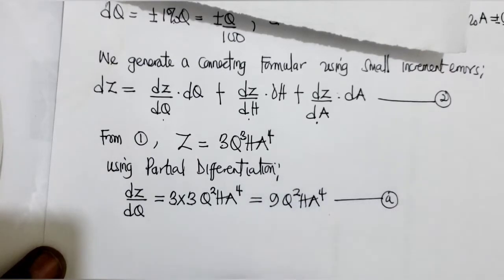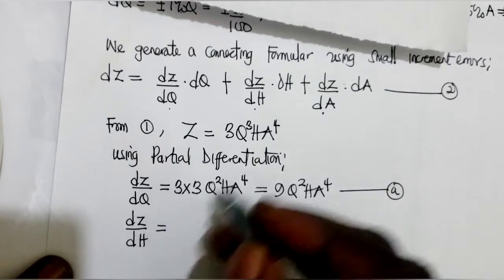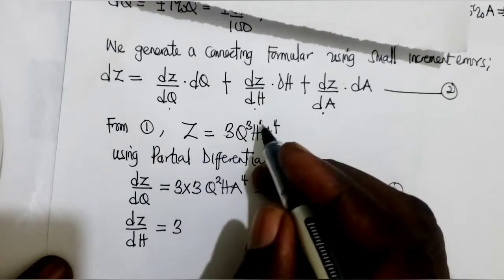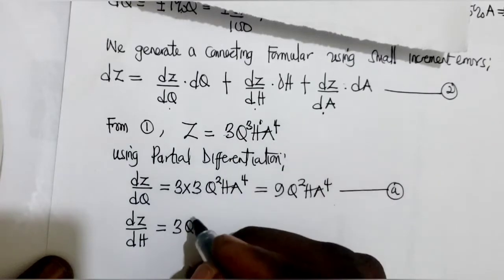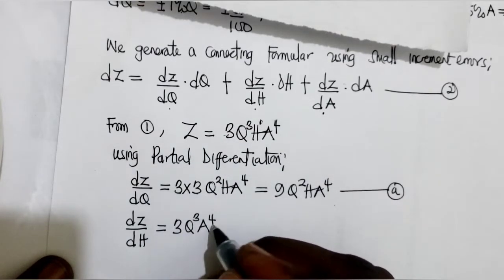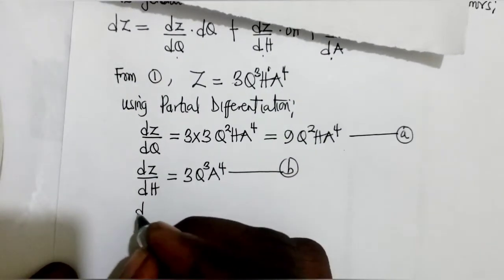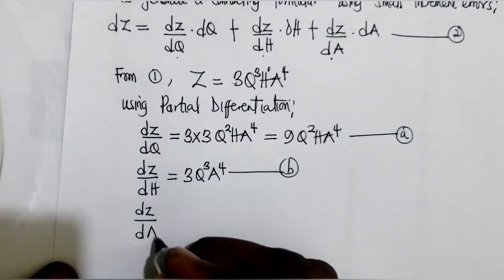Let's call this A. Similarly, you differentiate Z with respect to H. The power of H is 1, so 1 times 3 gives us 3. Then you subtract 1, giving 0, and anything raised to power 0 is 1. Then you write back your other variables, Q cubed and A raised to power 4. Call this B. And you do the last, which is dZ all over dA.